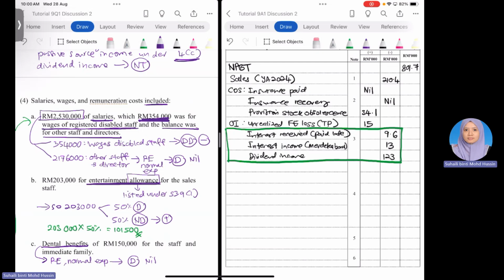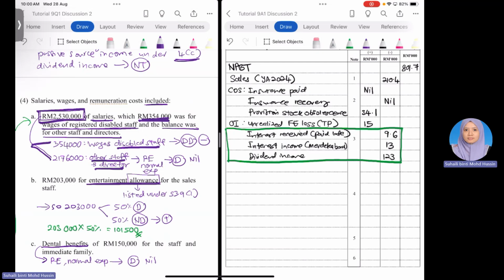Okay, and the balance from this 2.53 million ringgit, the company paid the salary to the other staff and the director. Total salary that the company paid 2.53 million ringgit. From this amount, 354,000 the company paid the wages to the disabled staff, and the balance from this amount the company paid to the other staff and the director.